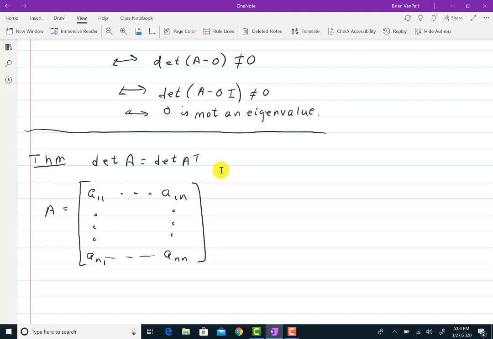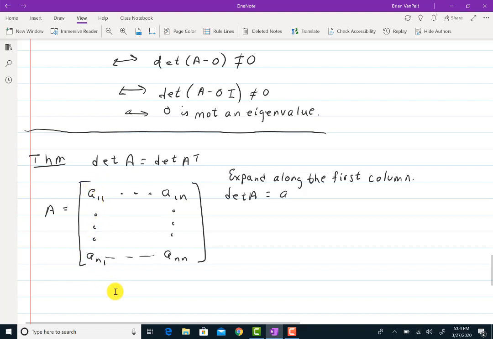All right, so let me expand along the first column, since I can choose whatever column or row that I want. Determinant of A, so I'll start going down this column here.